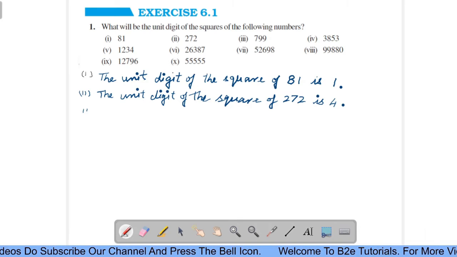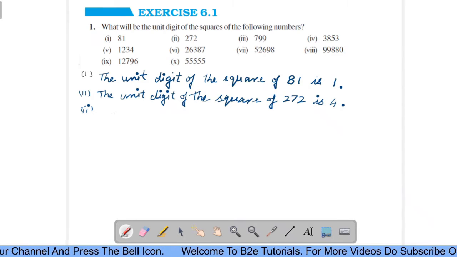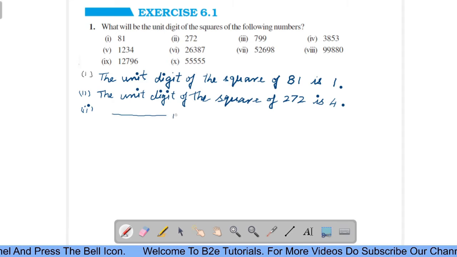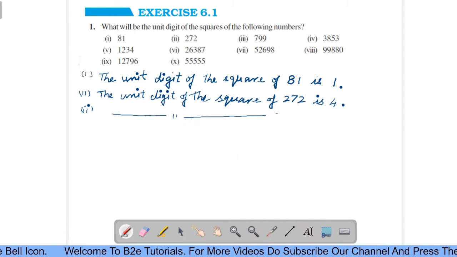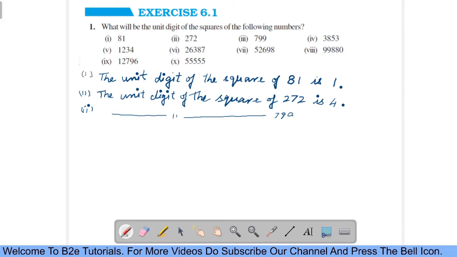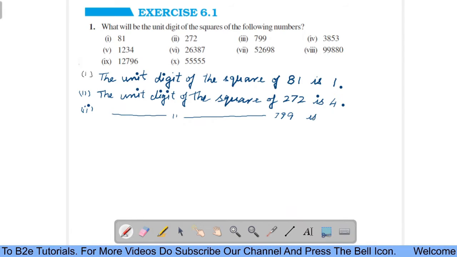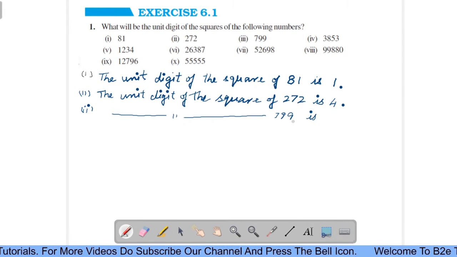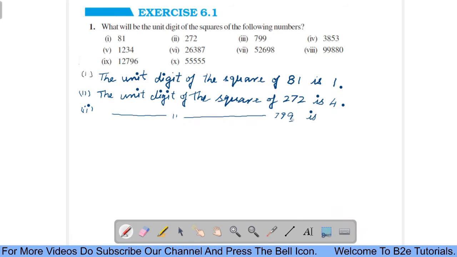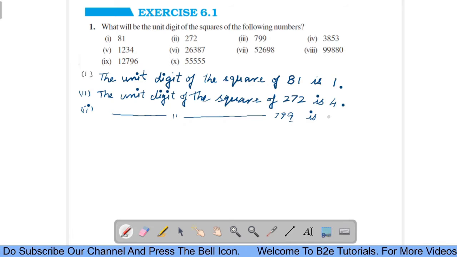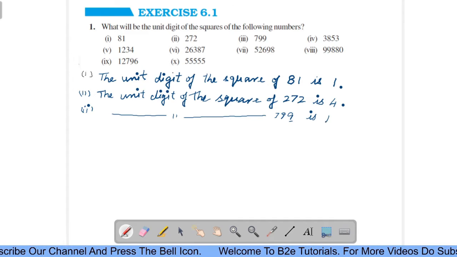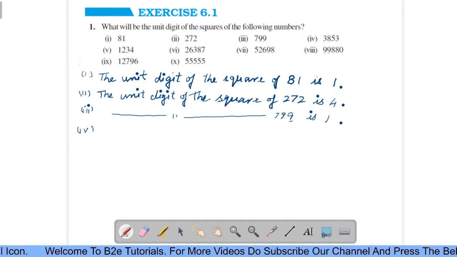Now third, the unit digit of the square of 799 is: here the unit digit is 9 and the square of 9 is 81 and in 81 the unit digit is 1. Therefore your answer is 1.